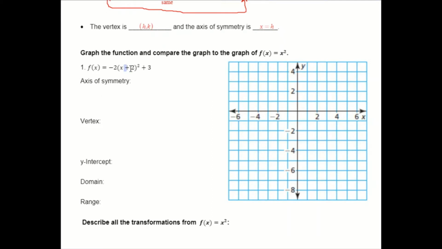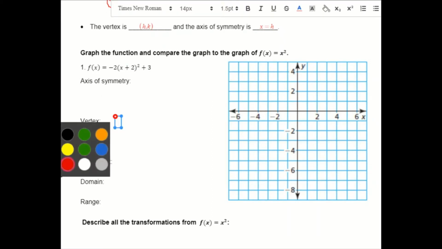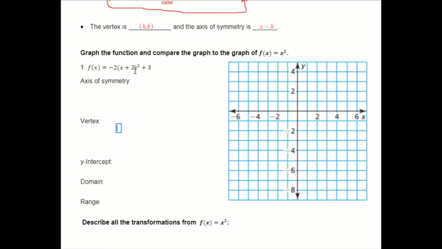In this case, the vertex here is going to be negative 2, 3. Just to identify my parameters here, a is negative 2, h is negative 2, and k is 3.